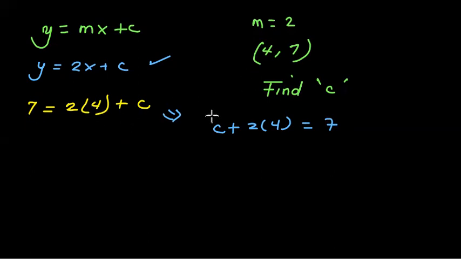But even if I didn't, I'd work it out the same way. Let's work it out this way. c plus 8 is equal to 7. And so now I've got to transpose this 8. So I'm going to get c is equal to 7 minus 8. Hence, c is equal to minus 1.